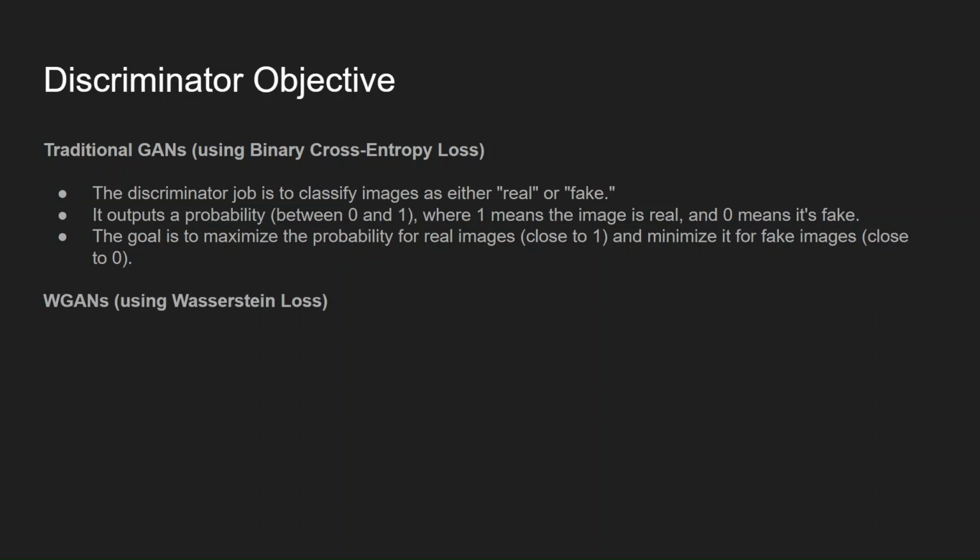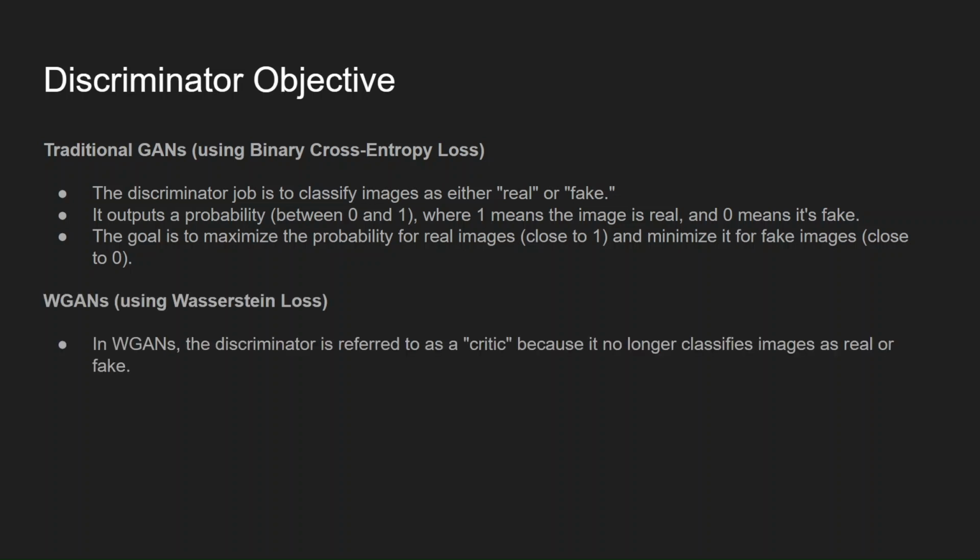But in case of WGANs, the discriminator's job is no longer to classify the image, but rather it outputs a score for each image, and that's why the discriminator in WGAN is called the critic. Instead of outputting a probability, it outputs a score for each image.